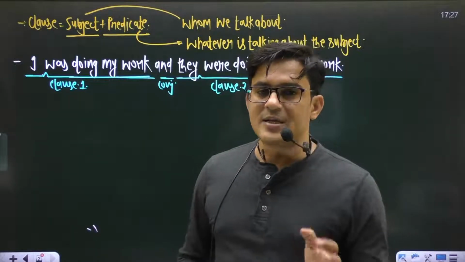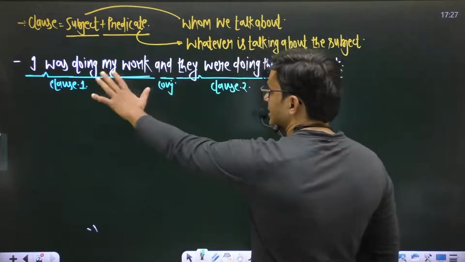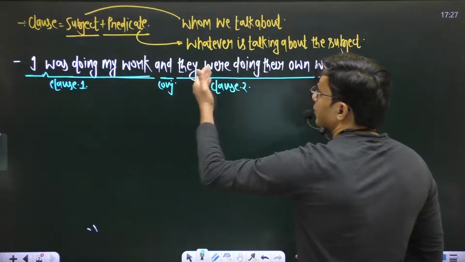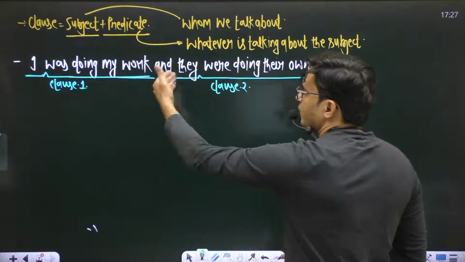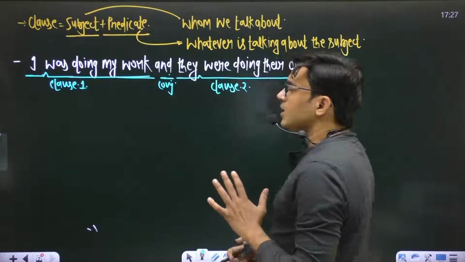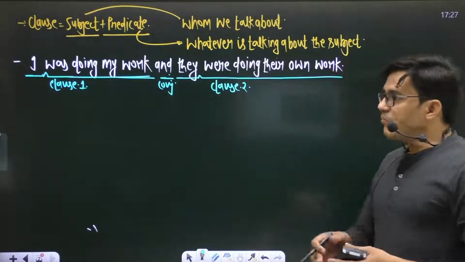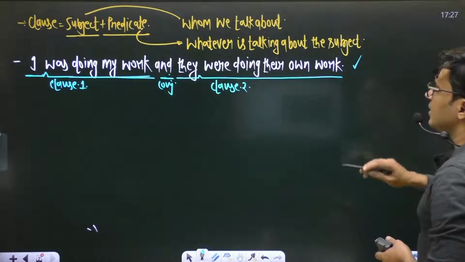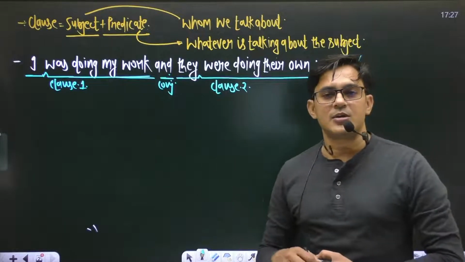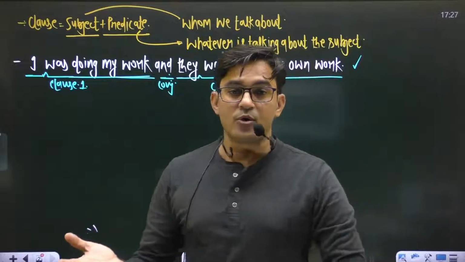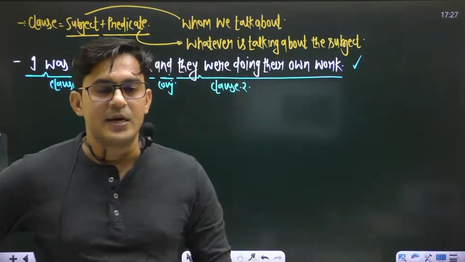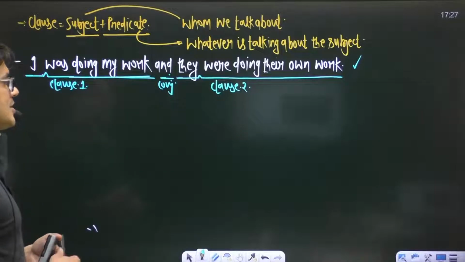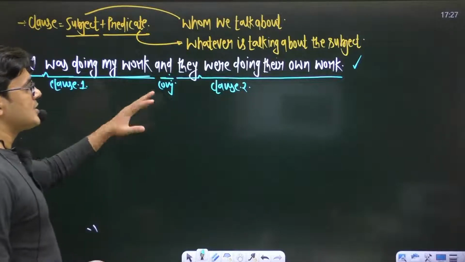So in this example you can say two different clauses are connected by the conjunction and, or you can also say two different sentences are connected with the conjunction and. Because the definitions of clause and sentence are similar, you can understand how conjunction connects clauses and sentences.